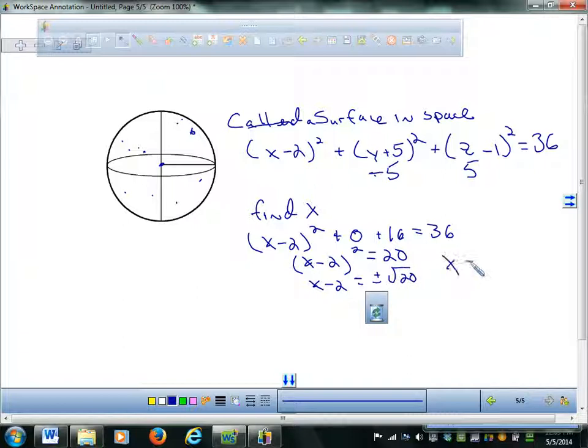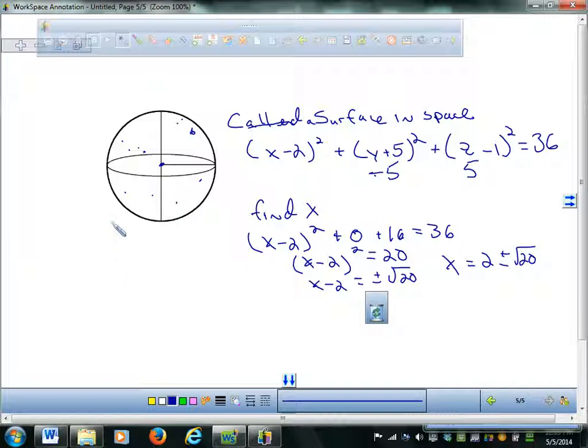So x equals 2 plus or minus the square root of 20. So in other words, I would have one point that is 2 plus the square root of 20 in the x direction, and then one that's 2 minus the square root of 20 in the x direction. And then y would be -5, and then z would be 5. It's hard to see when I'm not in the coordinate plane.